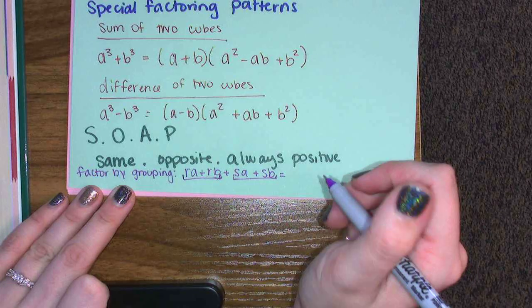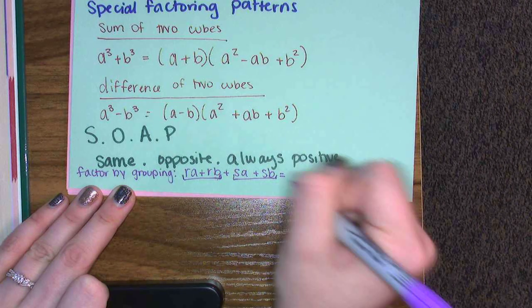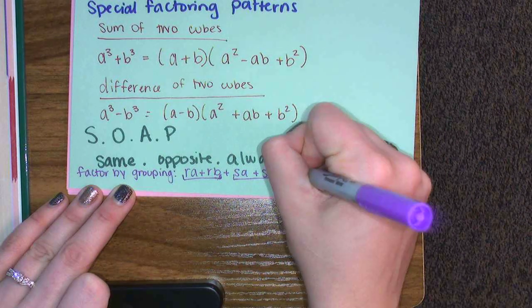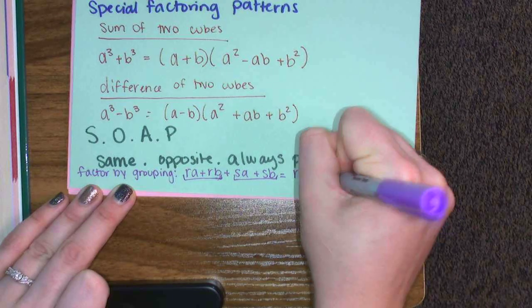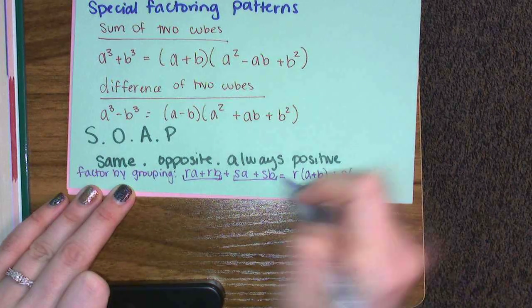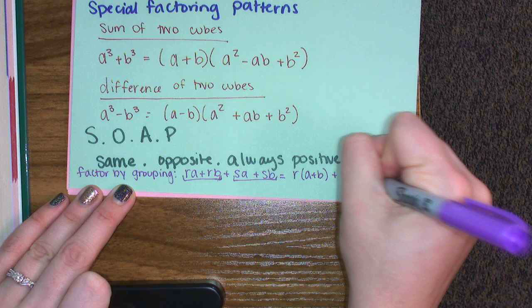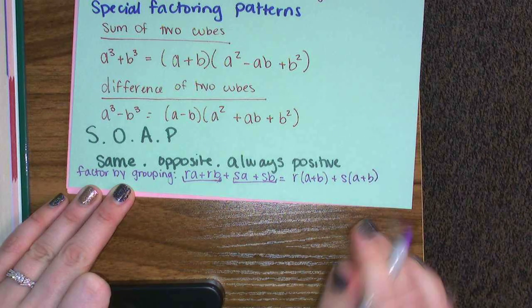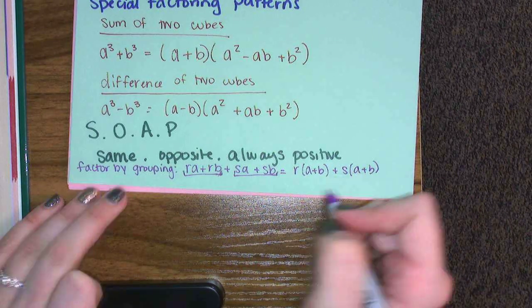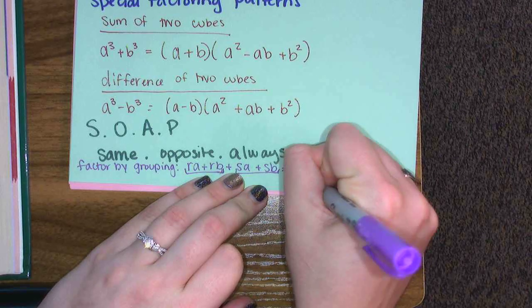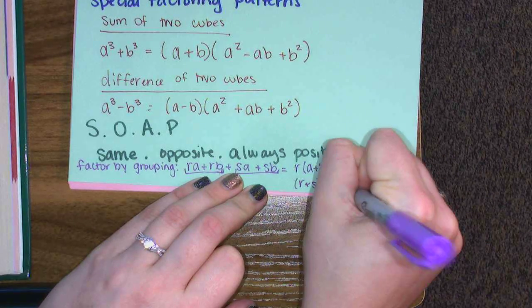So I'm going to pull out the r from the first one and an s from the second one. So r times (a + b) plus s, taking s out of this one, times (a + b). And then we rewrite it as (r + s) times (a + b).